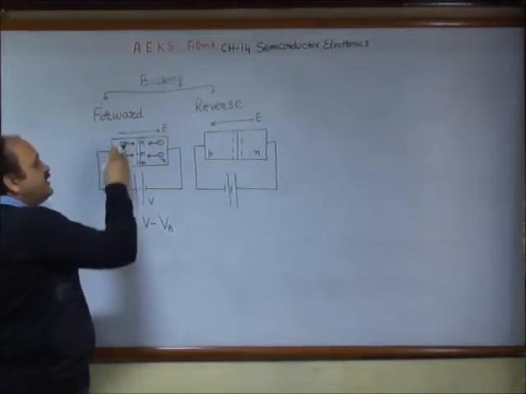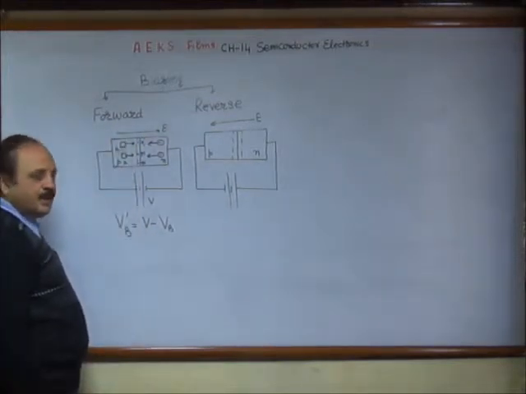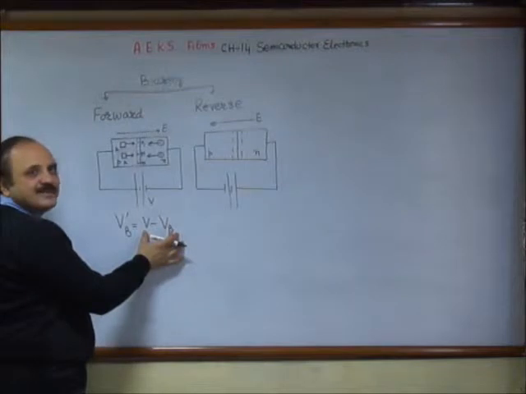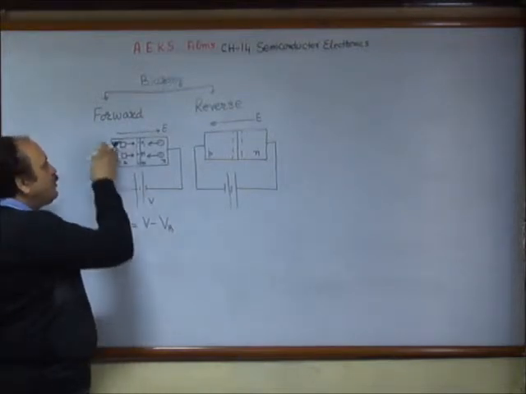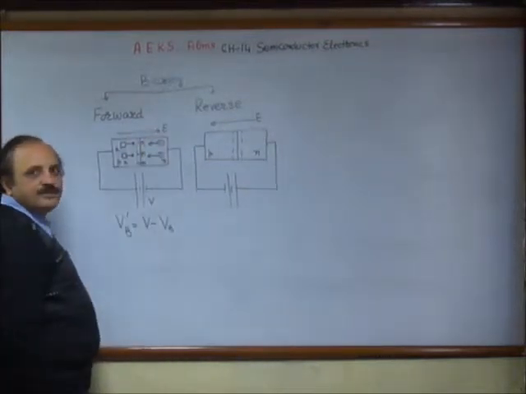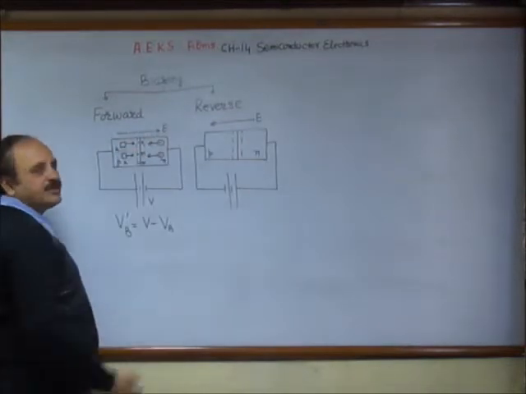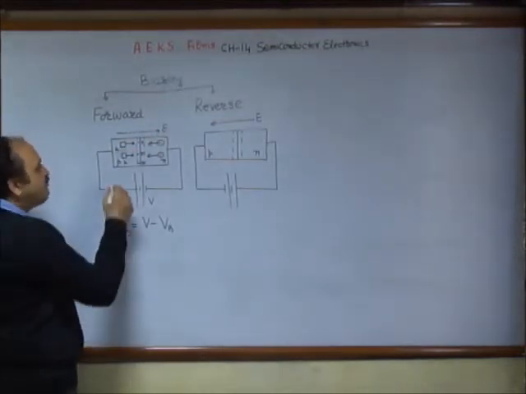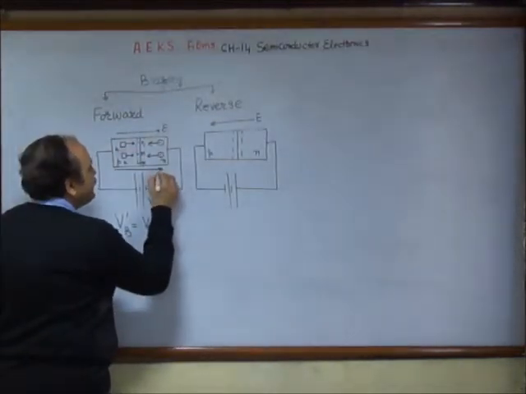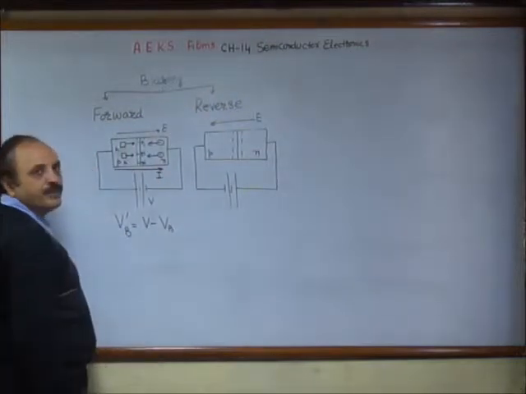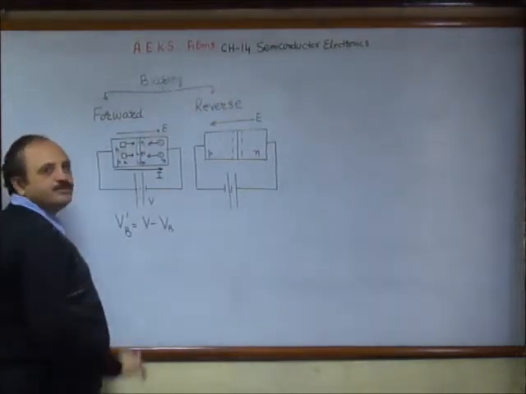These majority carriers, they are large in number and barrier potential is less. So movement of the holes in this direction or electrons in this direction develops a forward current I from P region to N region.